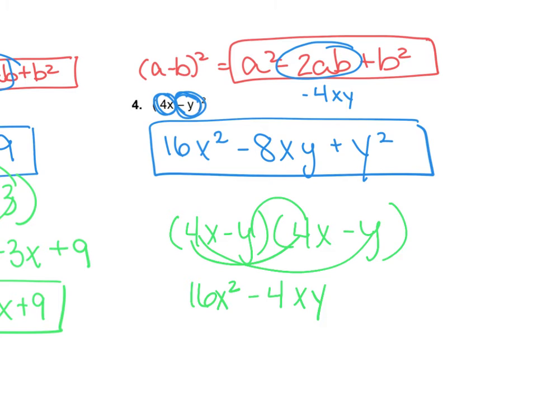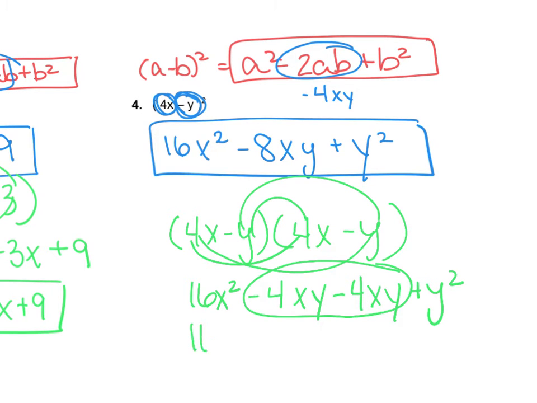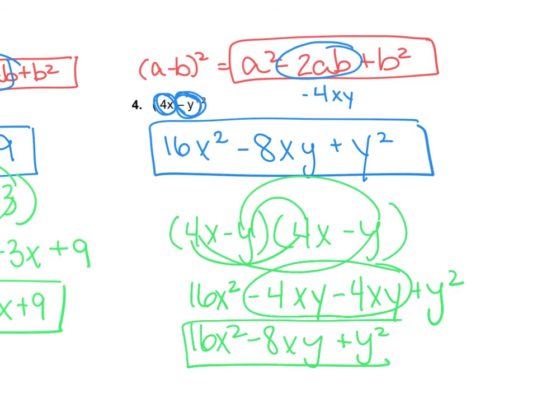I'll take my inside terms, and I'll get negative 4xy. And then I'll take my last terms, and I'm going to get plus y squared. So then we're just going to combine everything together, and 16x squared minus 8xy plus y squared.